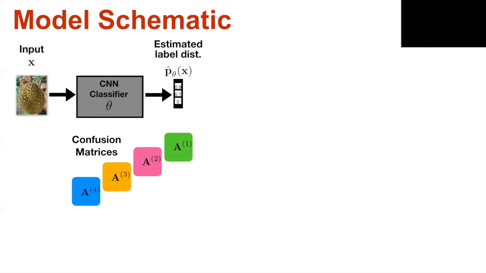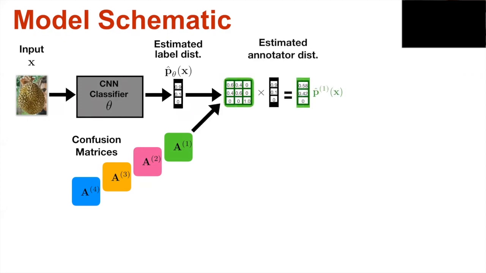Each confusion matrix is assumed to be fixed per annotator and is defined as trainable parameters that we learn during training time. And for each annotator, the distribution is defined as the product of the estimated label distribution and the corresponding confusion matrix.